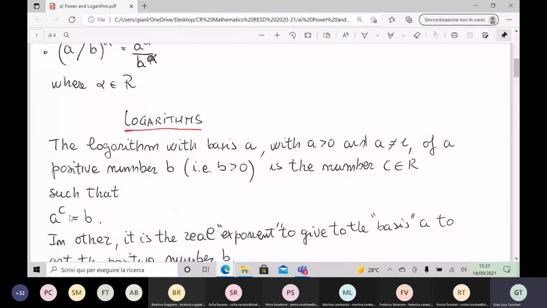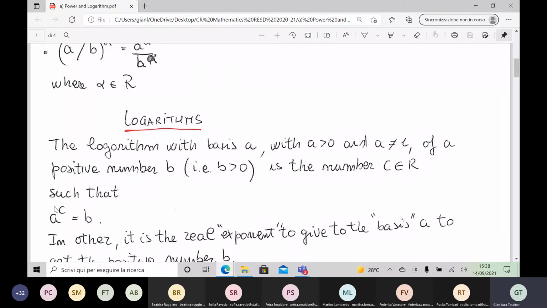So I repeat, the logarithm with basis a of b is the exponent c you have to give to the basis a to get b. This is the definition of the logarithm.